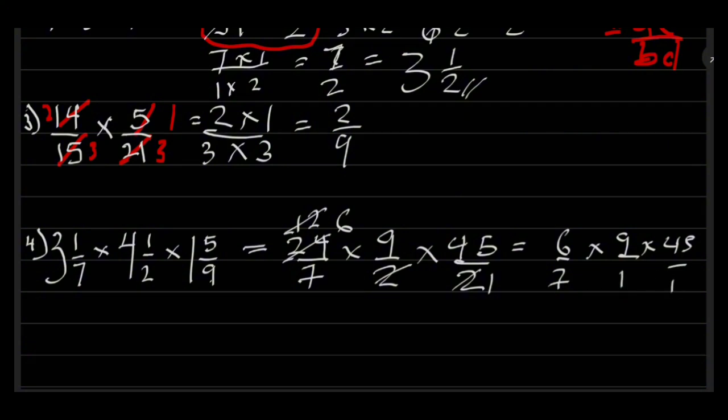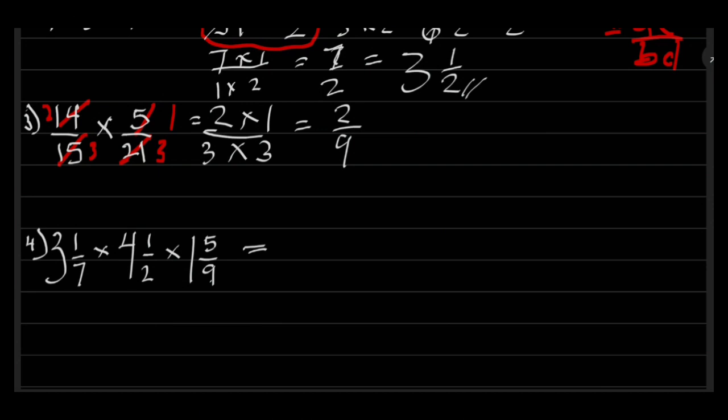Each one is over 1. So 6 times 9 times 12 would give us 648, all over 7 times 1, which would give us 7. So that will give us 92 whole number 4 over 7.